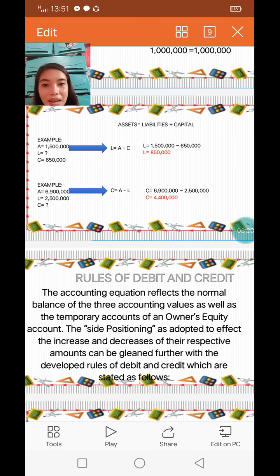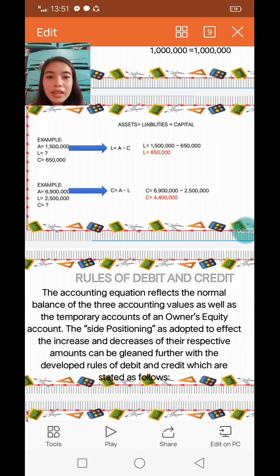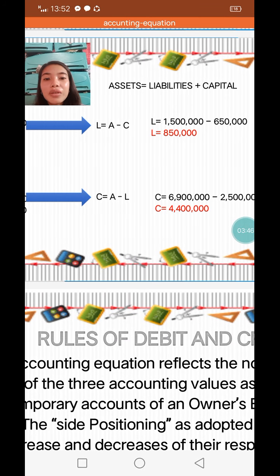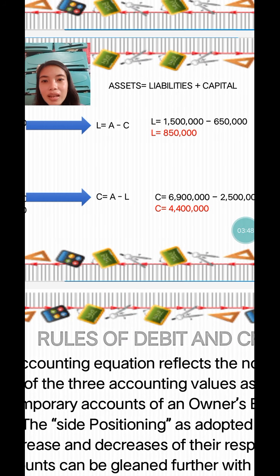That is the assets. And the capital here is 650,000. So assets minus capital is equal to liabilities, which is 1,500,000 minus 650,000, is equal to 850,000. That is the liabilities.